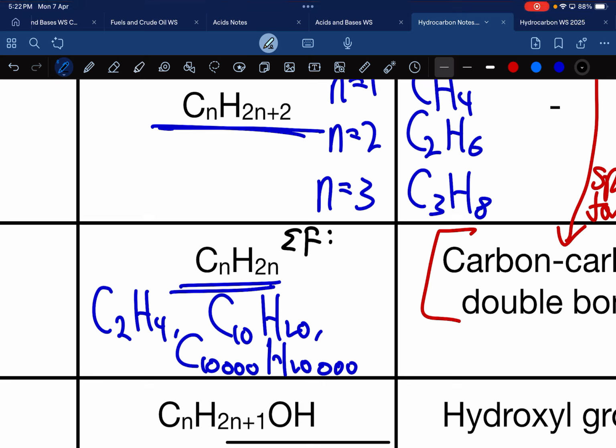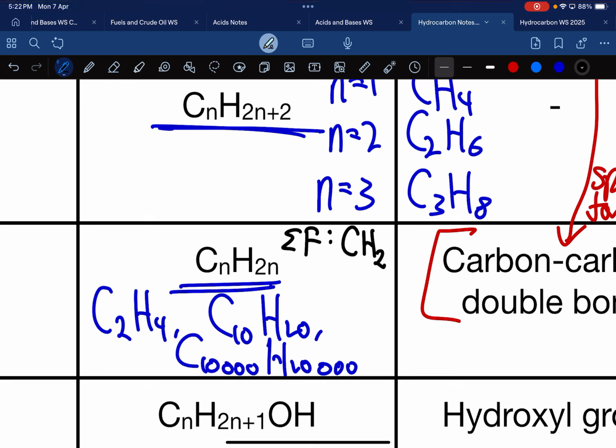So what is the empirical formula? What's the definition? What's the simplest form? CnH2n? CH2. Okay, empirical formula is the simplest ratio of the atoms inside your compound.